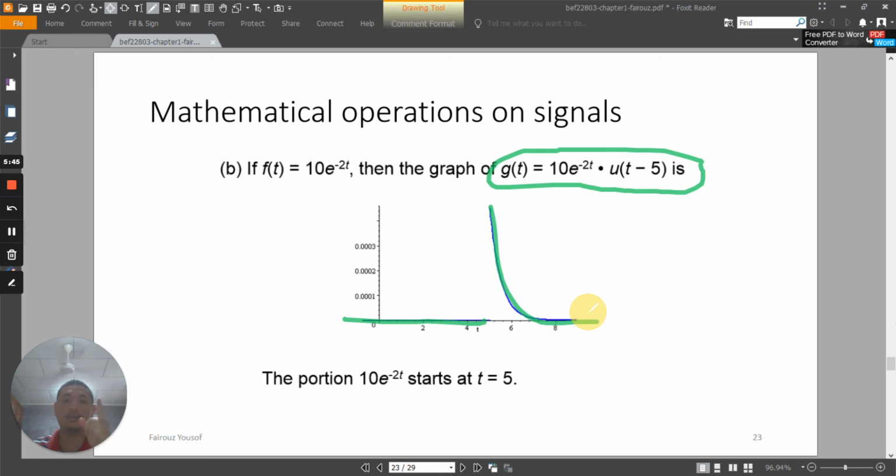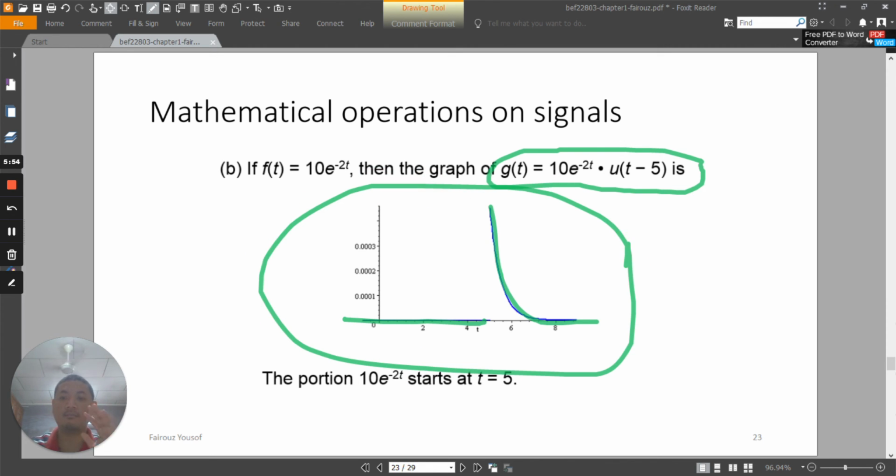If you can recall, we can write this graph in two different ways. One is the piecewise function and one is the mathematical operation or mathematical representation.